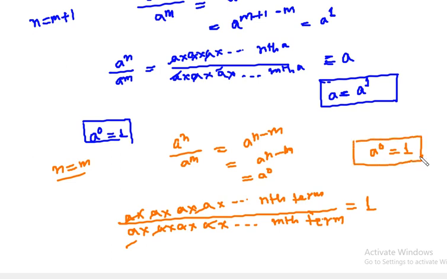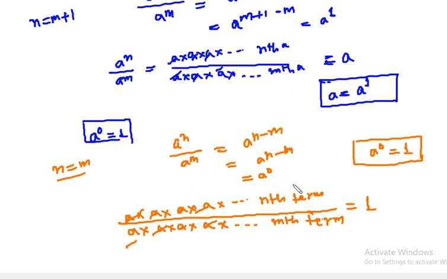So why does a to the power 0 mean 1? Because we are accepting this as the general formula, that even if n and m are the same, let us accept that this formula is a valid formula. Whatever meaning we get from the original expansion, that will be meant by this expression.